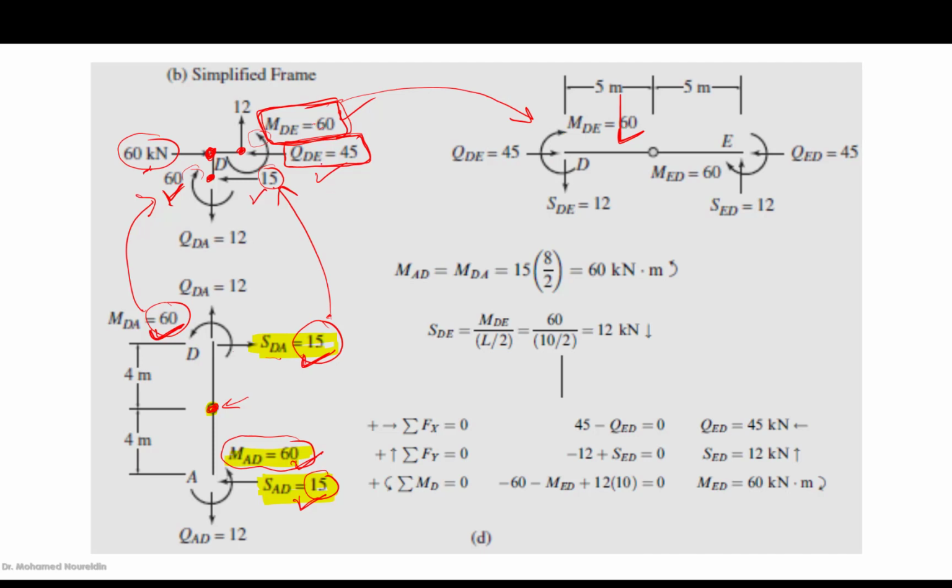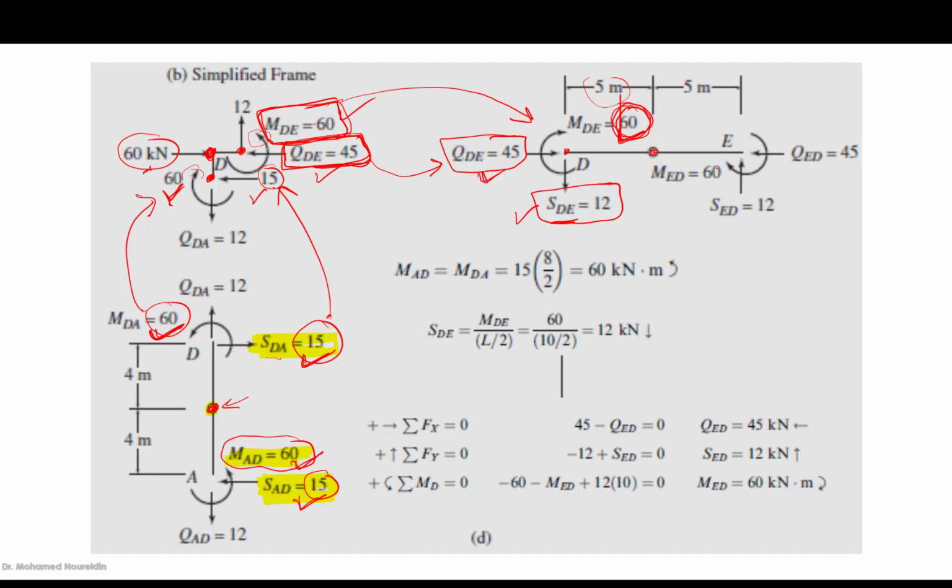And this QD is going to be reversed here, and it is going to be heading to the right, so we know it. Knowing this moment, which is 60, at point D, taking the moment at the internal hinge, we can obtain this shear. This shear SDE equals 60 over 5. 60 over 5 would give us 12.